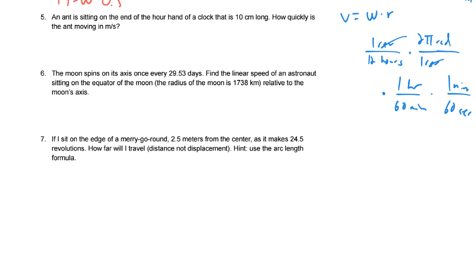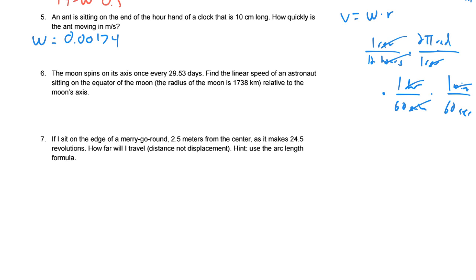So revs cancel out, hours cancel out, minutes cancel out, and our final units are rads per second, exactly what we wanted. 2 pi on top, divided by, in parentheses, 60 times 60. And I get an omega, or lowercase omega, W, of 0.00174. Makes sense that it's very small. Our hands turn very slowly.